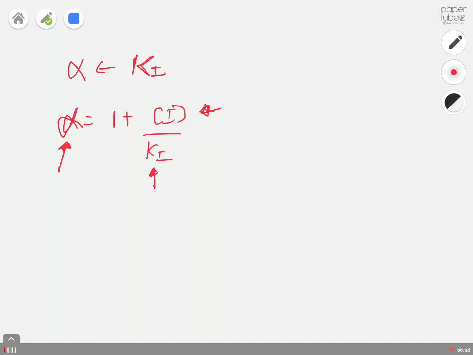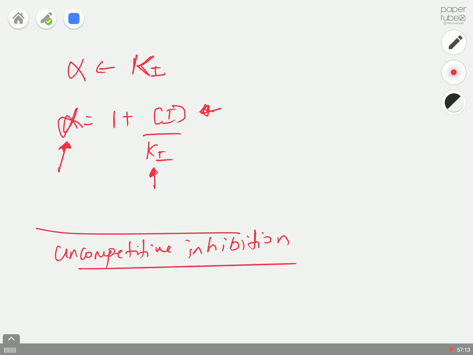In the next lecture we will derive some expressions for uncompetitive inhibition. So uncompetitive inhibition, this is even easier. For uncompetitive inhibition you have again enzyme plus substrate giving enzyme substrate complex, which goes to enzyme plus product.